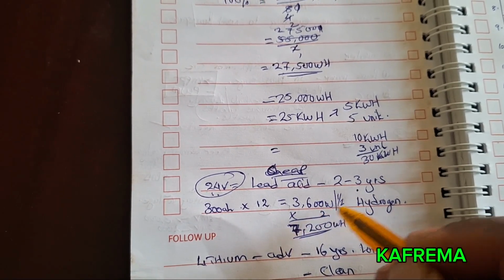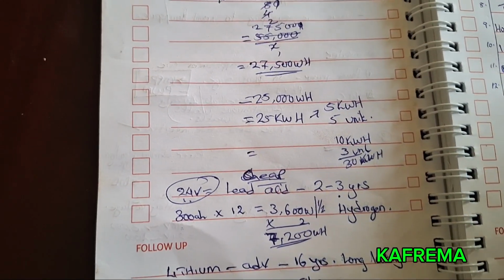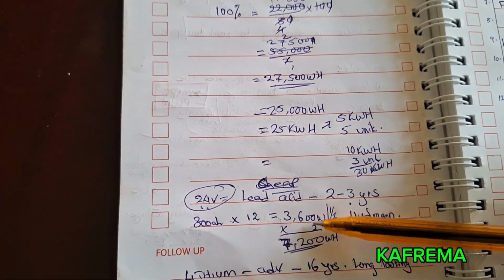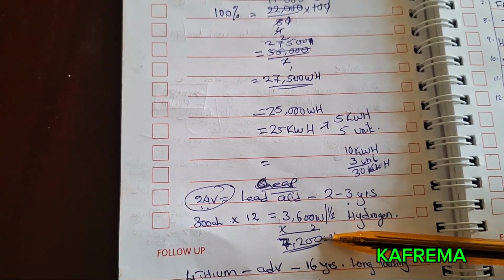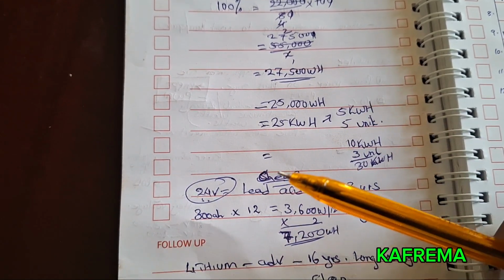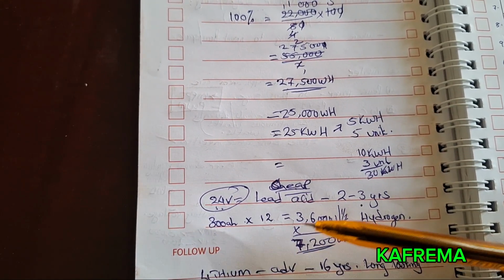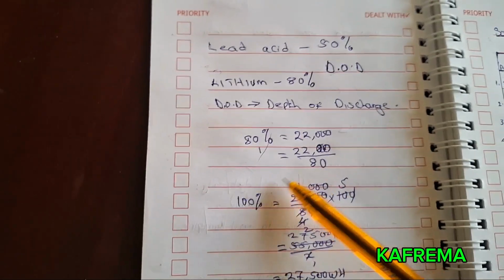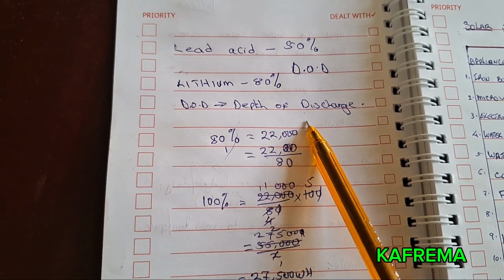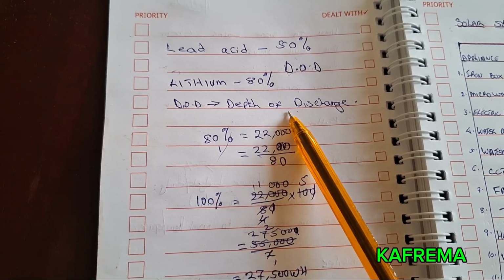You can only use half of this. So 1800 is the only usable. If you connect two of them, times 2, 7200, so 3600 is the only usable power. Remember, we said you have to consider the depth of discharge. Very important. Consider your depth of discharge.